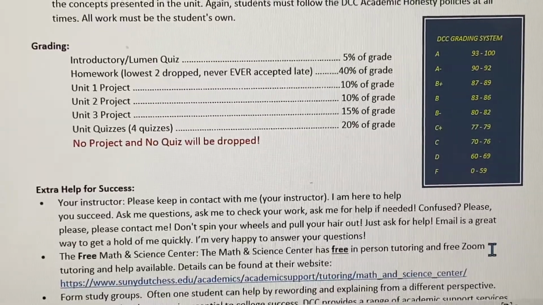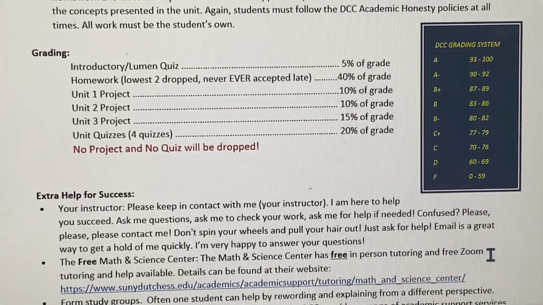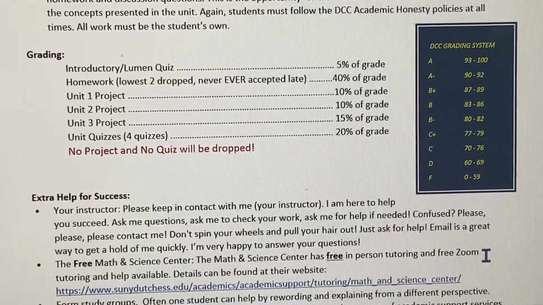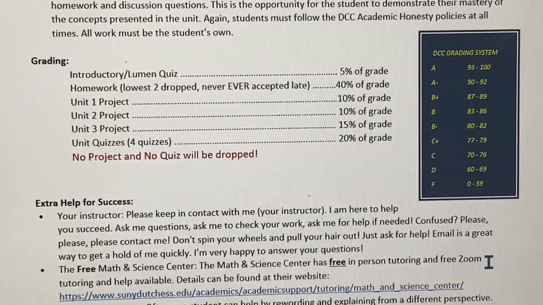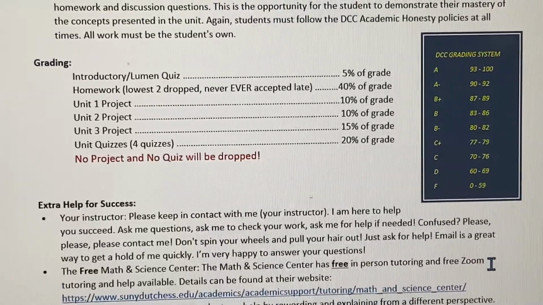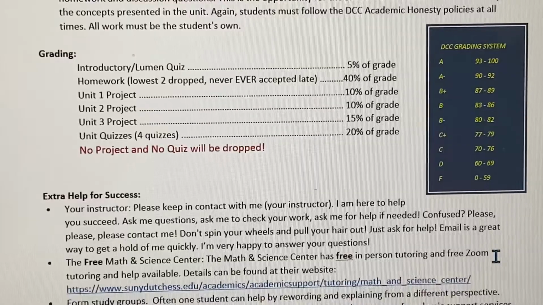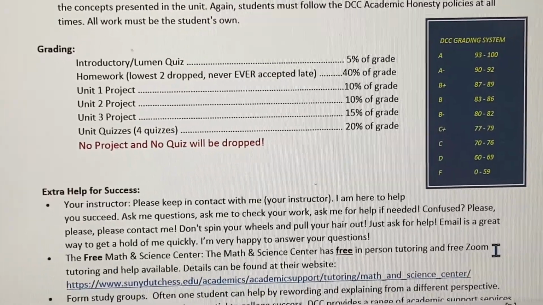You have 4 homeworks for each unit. So 4 times 4 is 16. 2 will be dropped, but try not to miss them. You're better off doing them all and have the 2 lowest grades dropped.